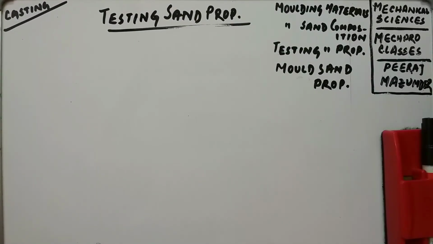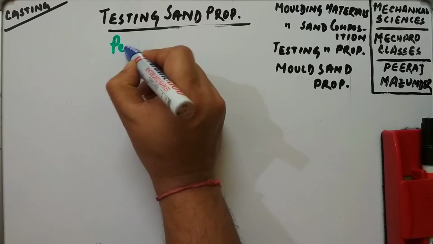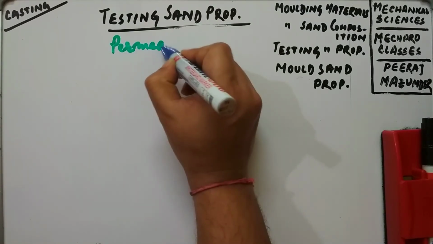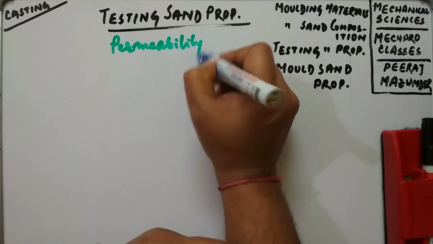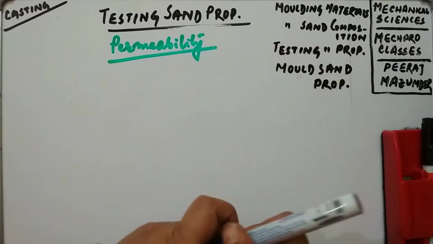Now the next one is very important, and it is important for your numerical purposes also. That is the permeability.